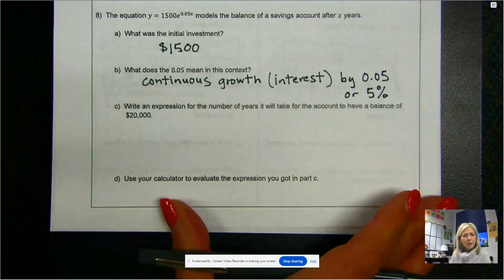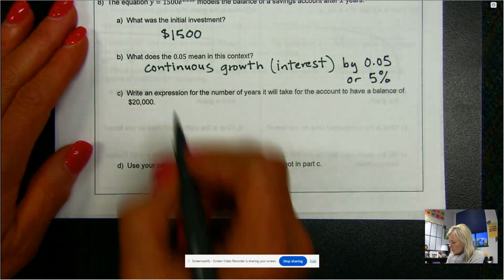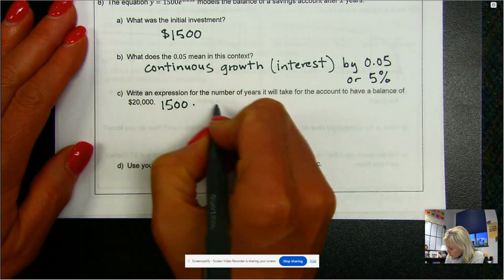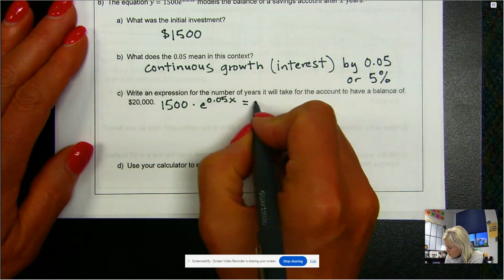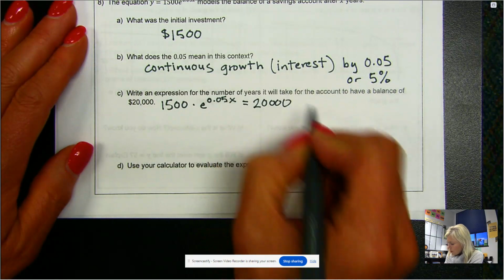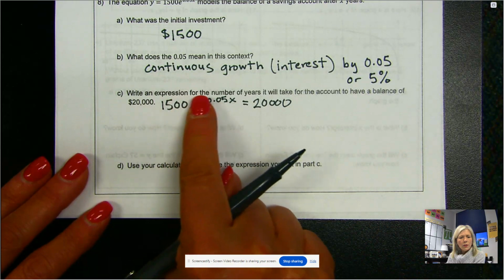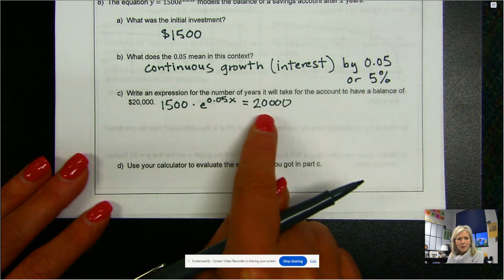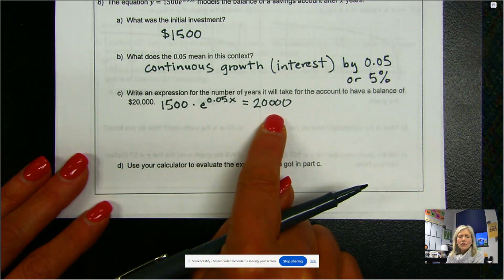Okay, so now we're going to write an expression for the number of years it will take for the account to have a balance of $20,000. So we have 1,500 times e to the 0.05x equals 20,000. So that's the equation that we need to use. But if we want the expression to represent the number of years it will take for the account to have this balance, we actually have to solve this for x, because as is, that's just an equation.